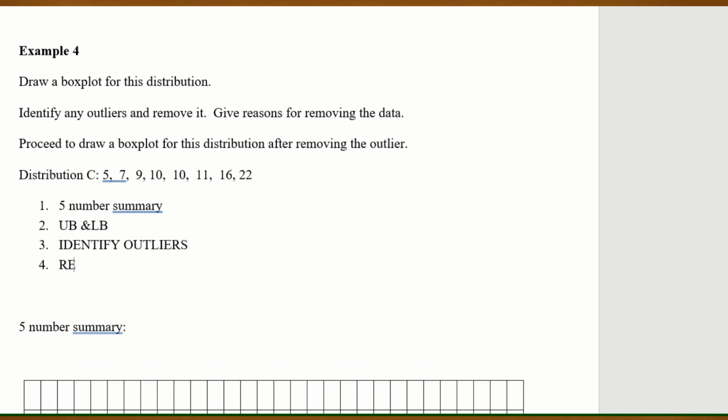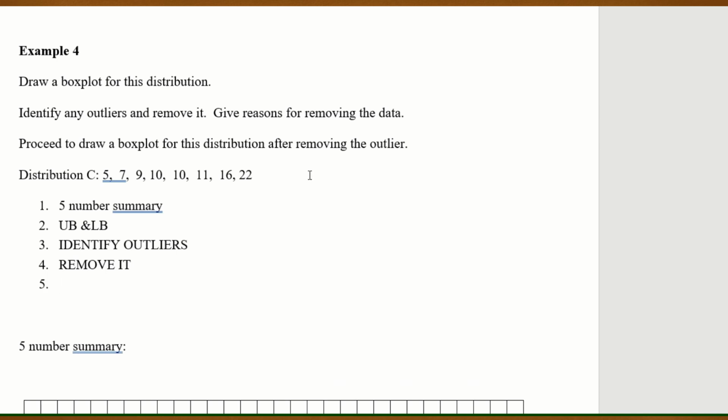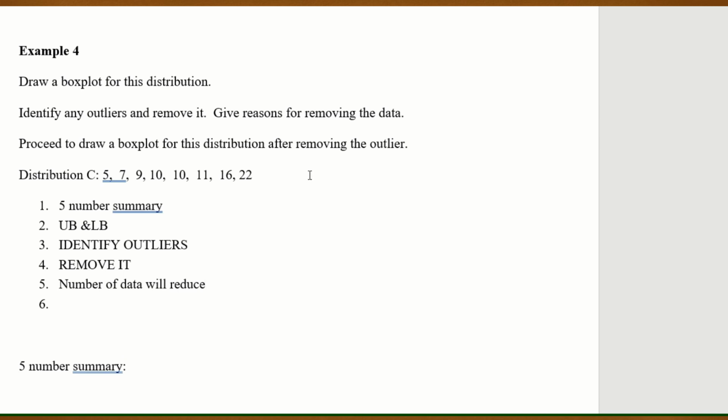Then you remove it. So when you remove it, what happens? Your n, number of data, will change, will reduce, right? Because you are removing something. Then you have to recalculate your 5-number summary.